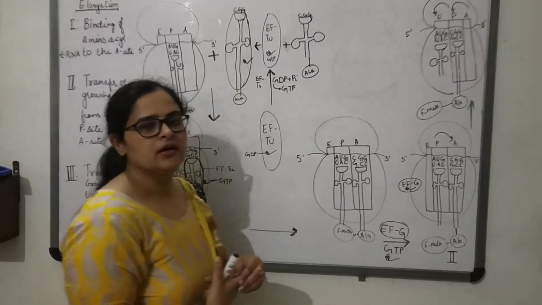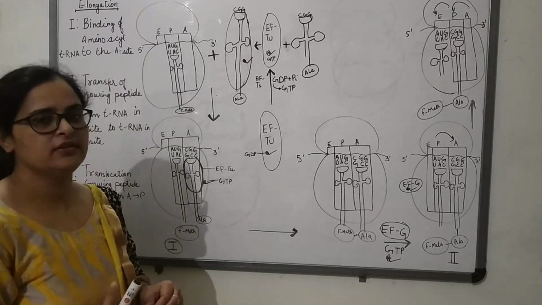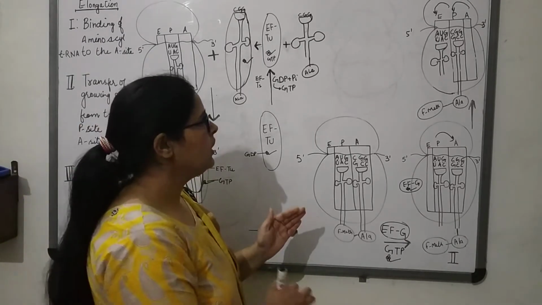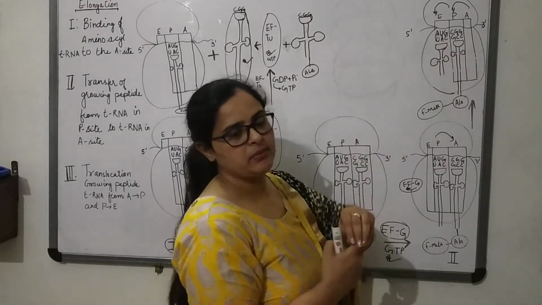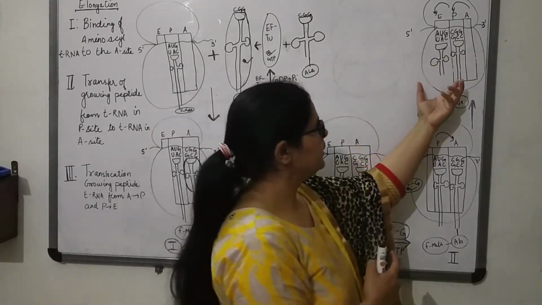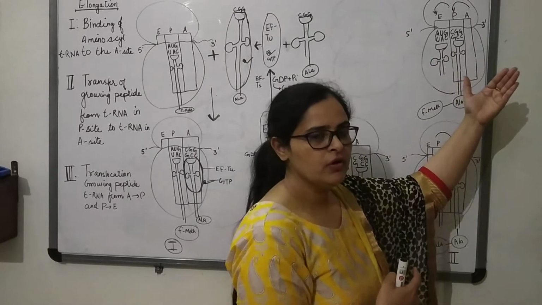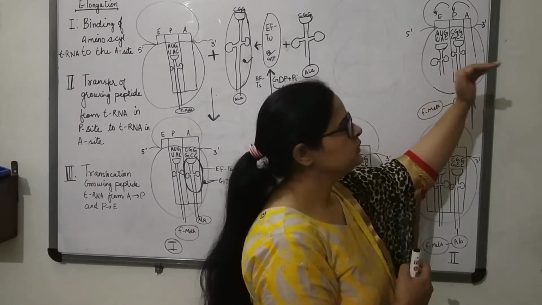As with DNA synthesis and RNA synthesis, protein synthesis is also in the direction of 5' to 3'. So this is the ribosomal unit which will move from 5' to 3'.